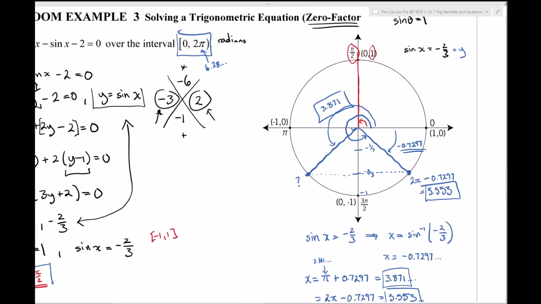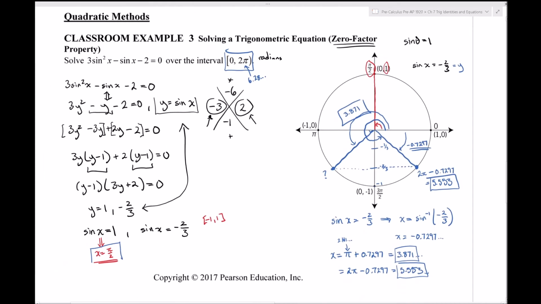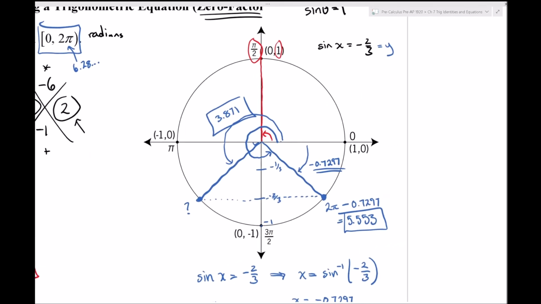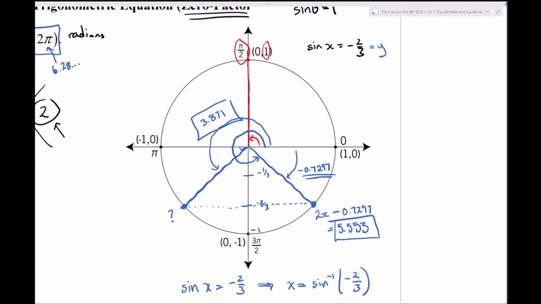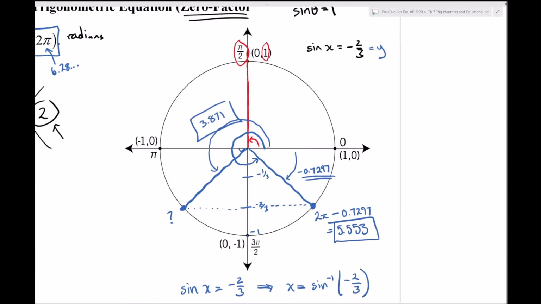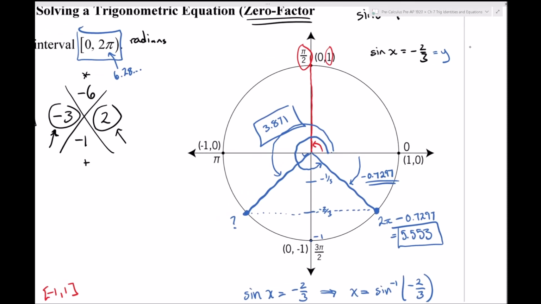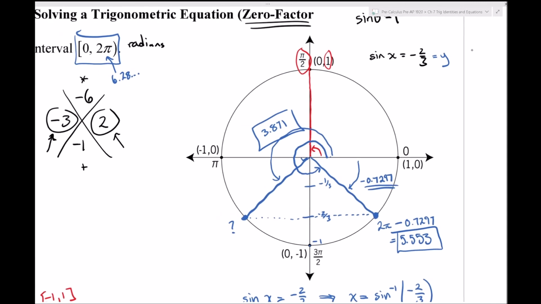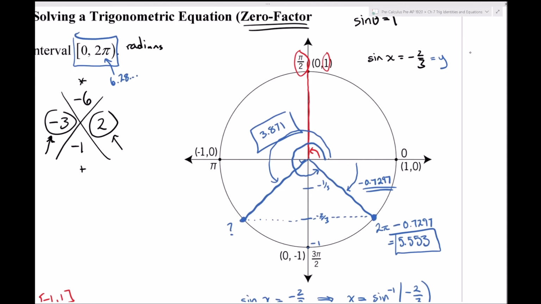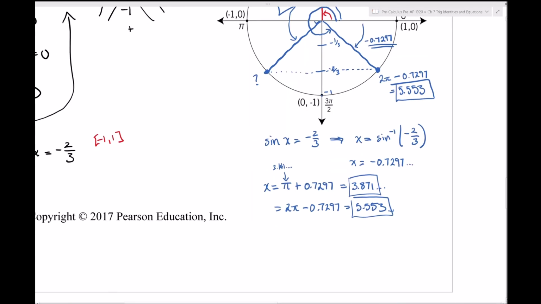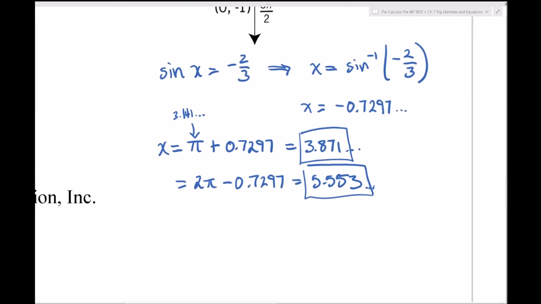And that's the reason why we had to go through 7.5 to understand the inverse trigonometric functions very well. If you had tried solving, you would have gotten the negative 0.7297, and that would have been wrong because it's not living inside the interval it's supposed to live inside. Something between 0 and 6.28. Both of these numbers were between 0 and 6.28.